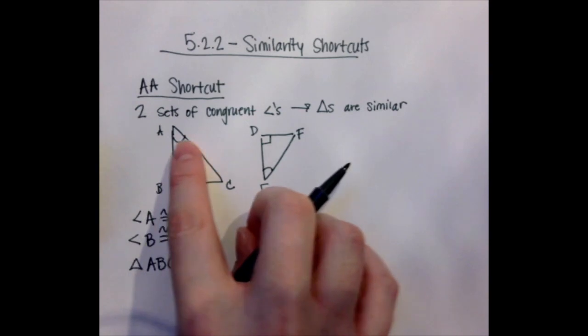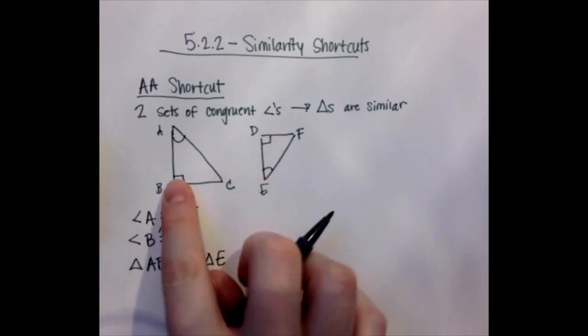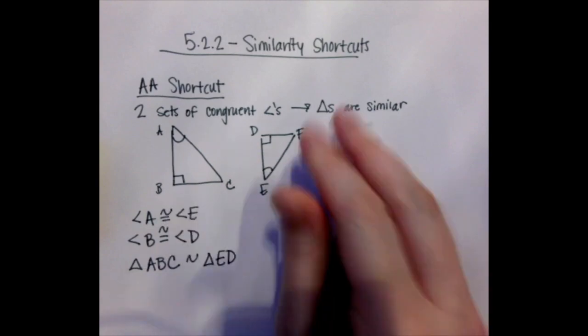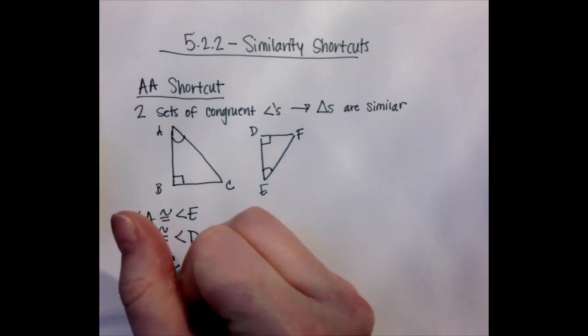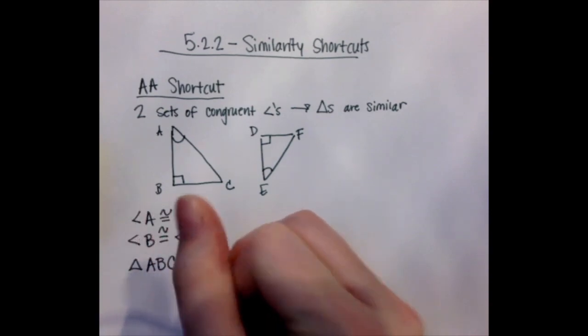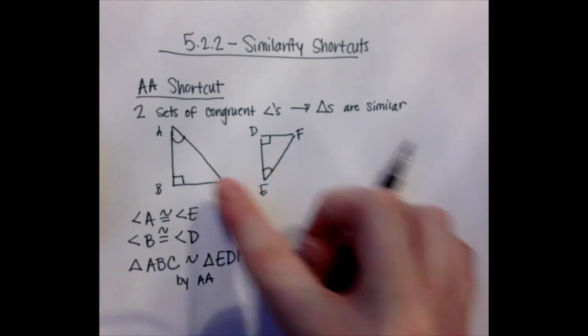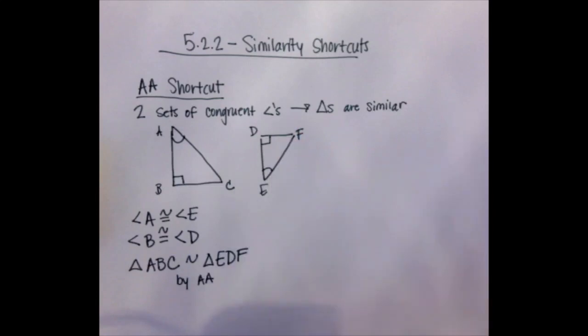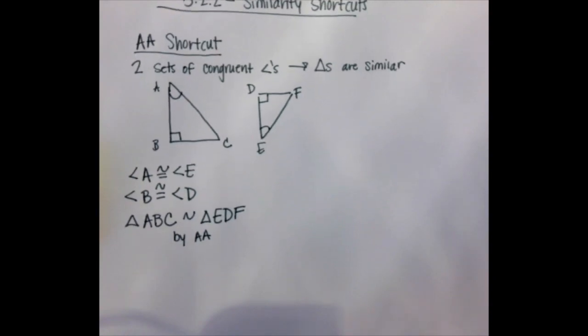So A is the one with one arc, so we have triangle E. B is the 90-degree angle, so D, and then F. And the reason is the angle-angle shortcut. So this is kind of the setup. If you can prove that 2 of the angles are congruent, then you know that the triangles are similar by the angle-angle shortcut.